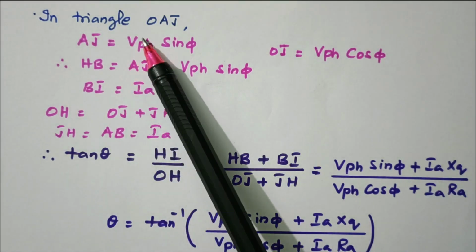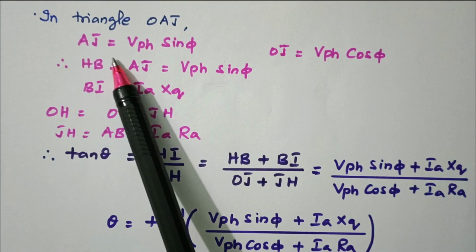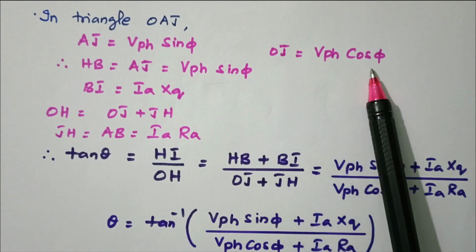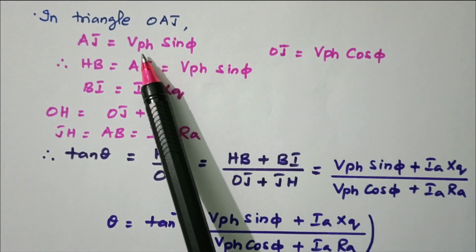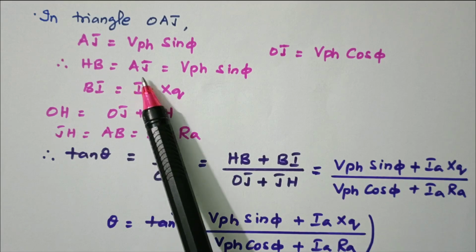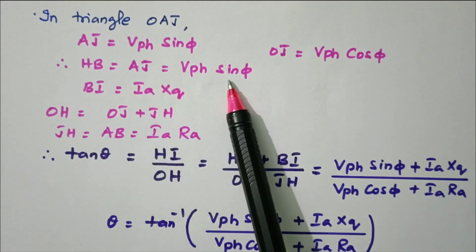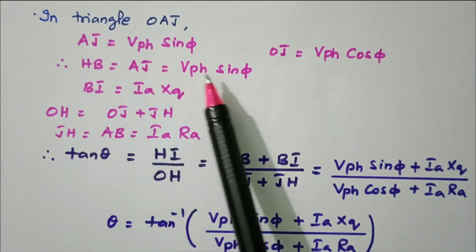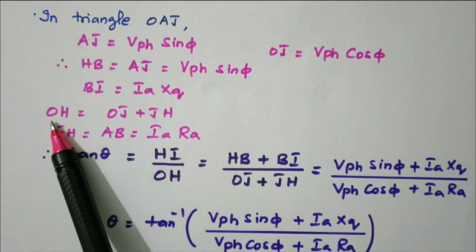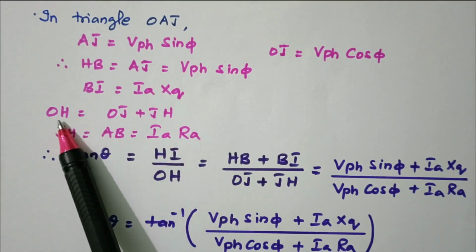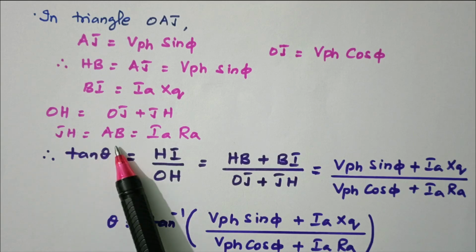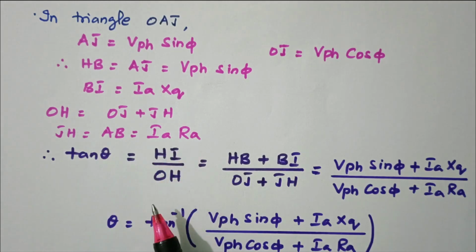In triangle OAJ, AJ equals V phase sin phi, and OJ equals V phase cos phi. So HB equals AJ equals V phase sin phi. BI equals IA XQ. So OH can be written as OJ plus JH. This JH is nothing but AB, that is equal to IA RA.